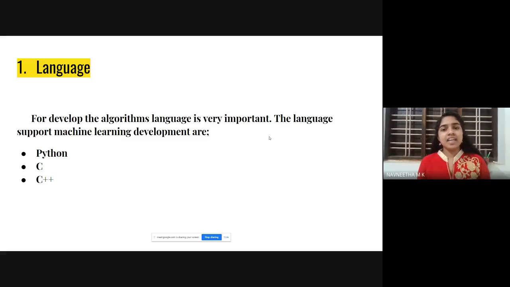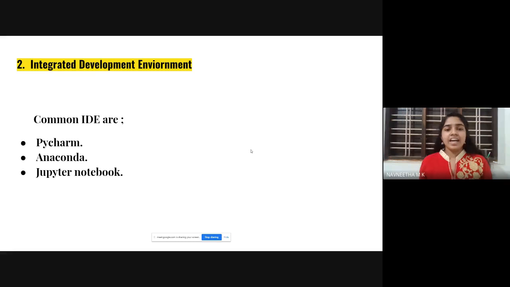Select the language based on your familiarity with it. Next one is IDE. IDE stands for Integrated Development Environment. The common IDEs used for developing machine learning are PyCharm, Anaconda, and Jupyter Notebook.